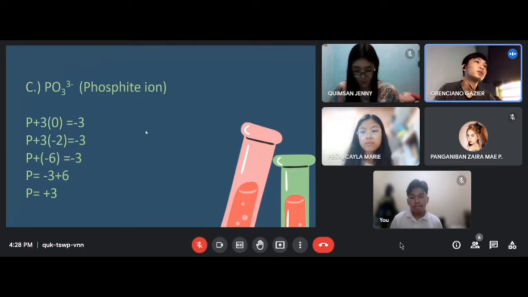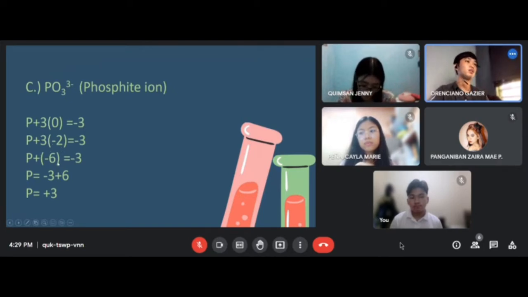Letter C, phosphite ion. Then, we have here, find the letter P. Then, P plus 3 times oxygen equals negative 3. Then, P plus 3 times negative 2 equals negative 3, then 3 times negative 2 is negative 6, then we transpose the polyatomic ion charge of negative 3, then negative 3 plus positive 6 equals positive 3.